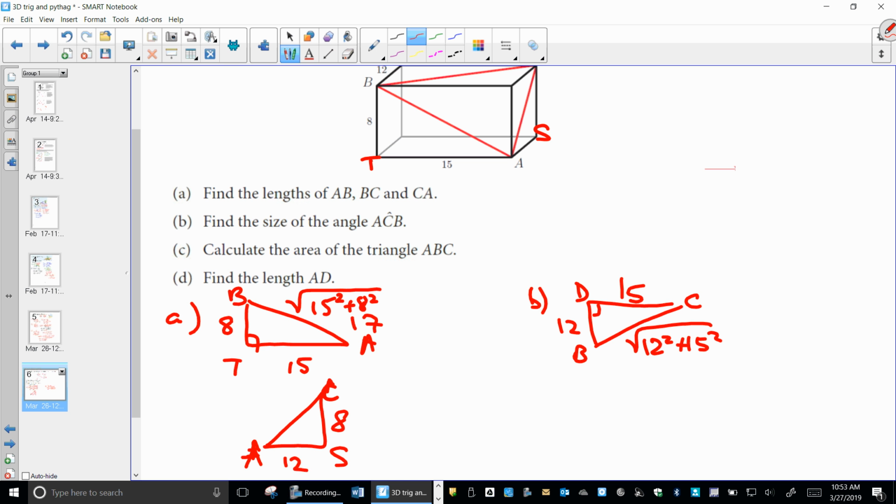That's 19.2, and 12 squared plus 8 squared gives 14.4. So 17, then 19.2, then 14.4.